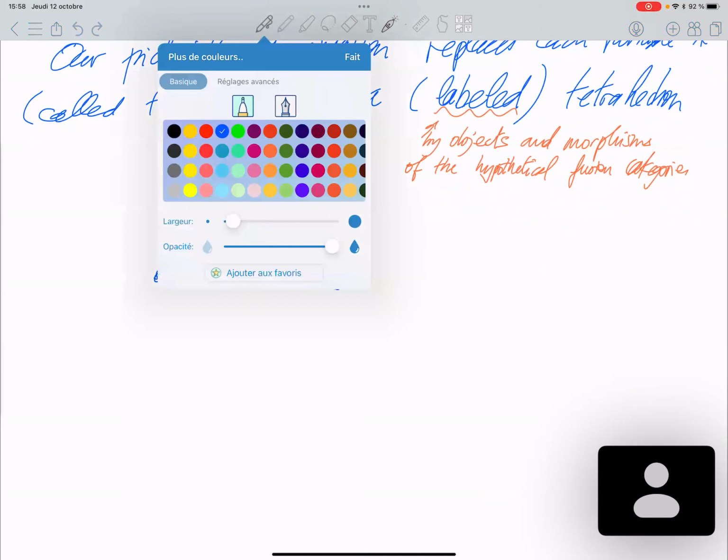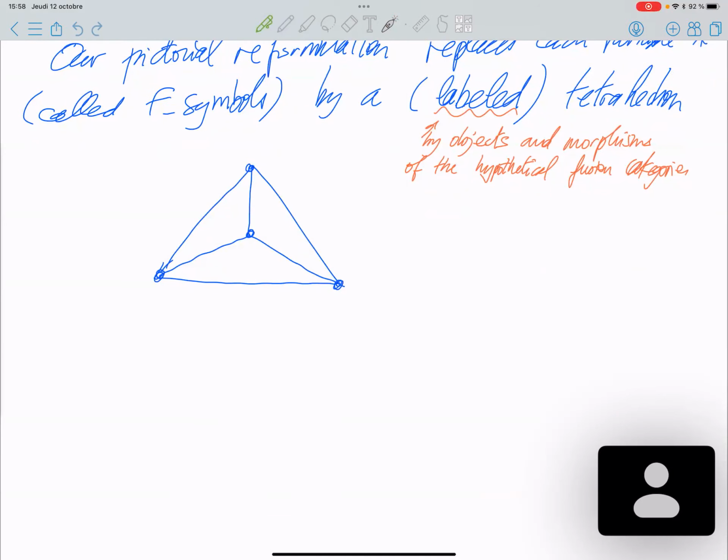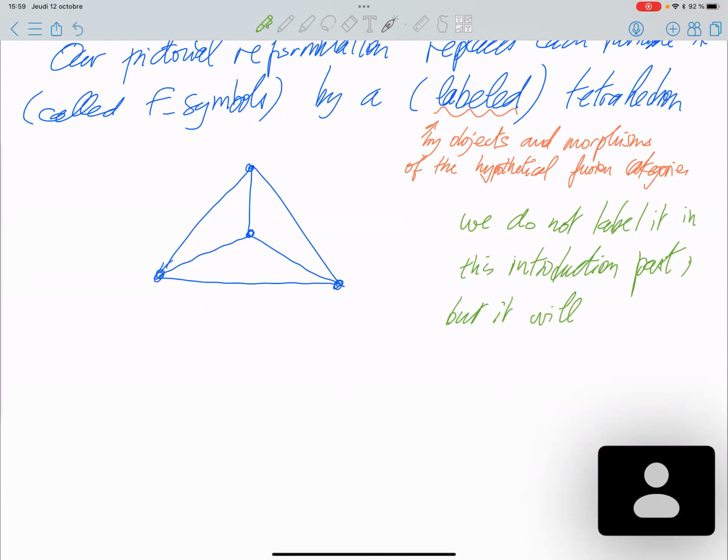So we do not label it in this introduction part, but it will be in the main part. It will be later.